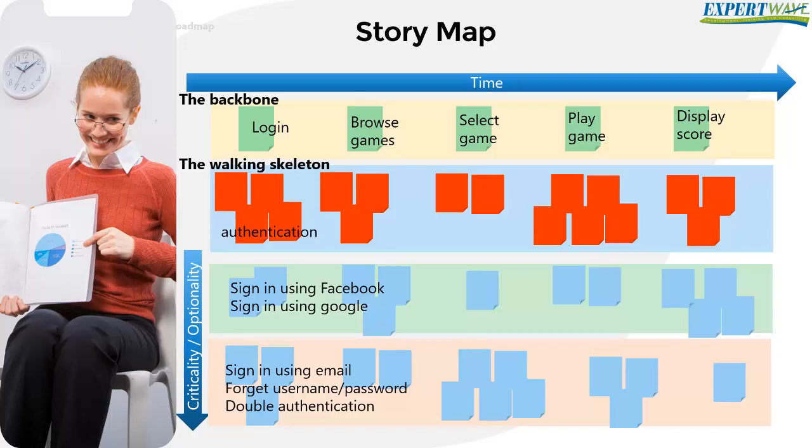In this example, we want to implement all the user stories under user authentication, but our highest priority is sign in using Facebook, then sign in using Google, and so on. The same thing should be done for other items in the backbone row and in the walking skeleton items.